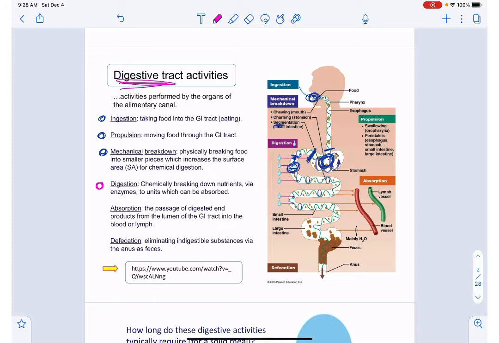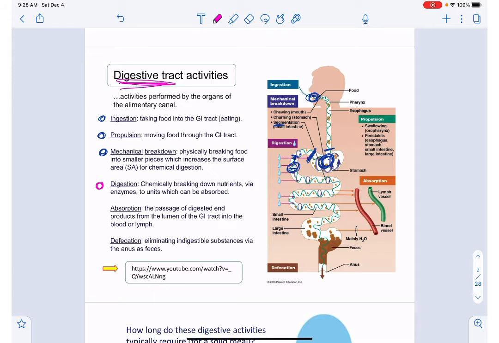And why are we doing that? Why are we taking these nutrients, carbohydrates, proteins, lipids, and breaking them down, breaking the chemical bonds between those molecules and breaking them down into smaller components? We're doing that because that allows for absorption, the movement of those nutrients across the digestive tract wall.